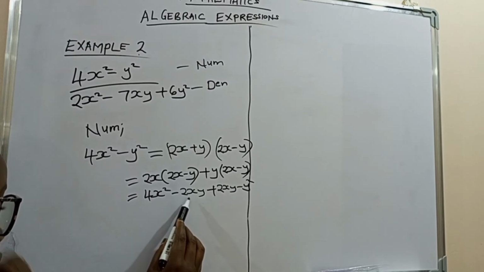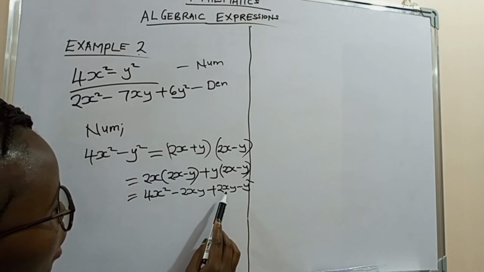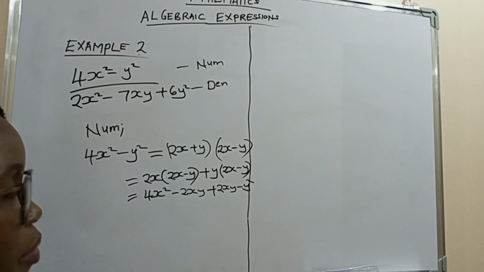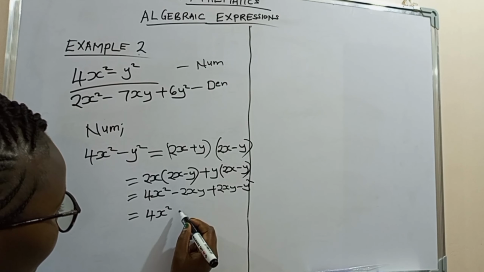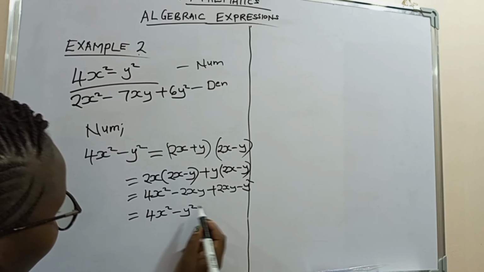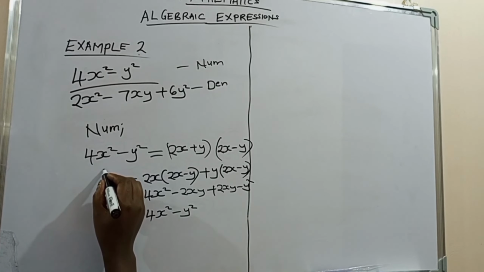Negative 2xy plus 2xy is equal to 0. So we remain with 4x squared minus y squared.